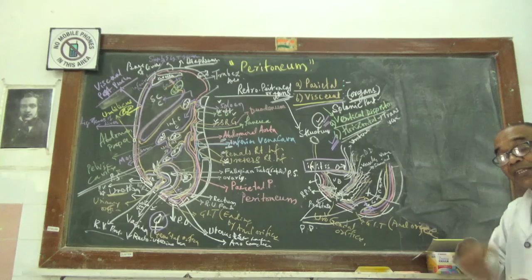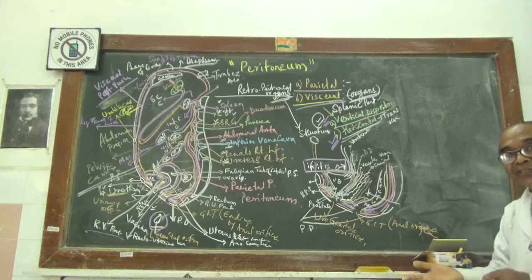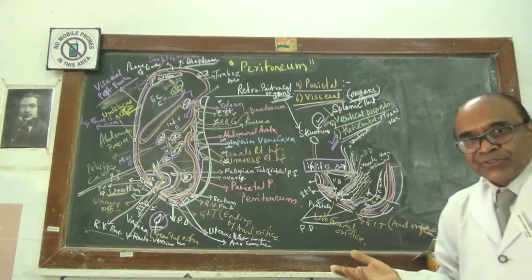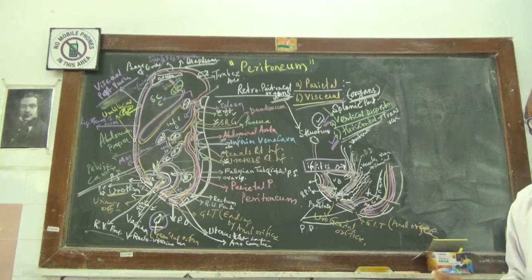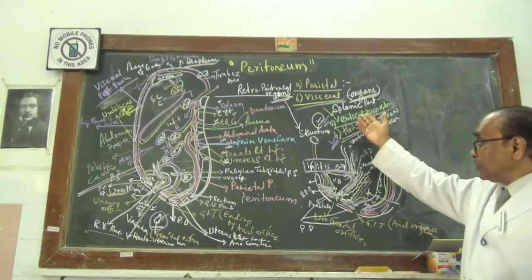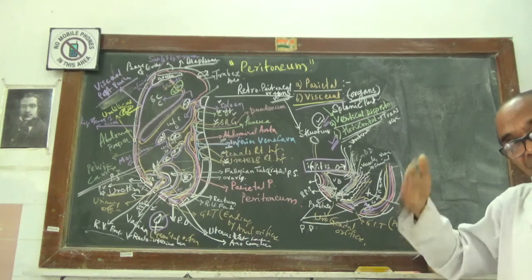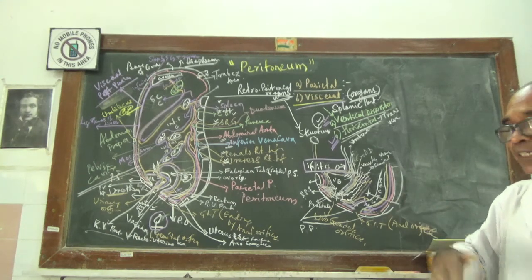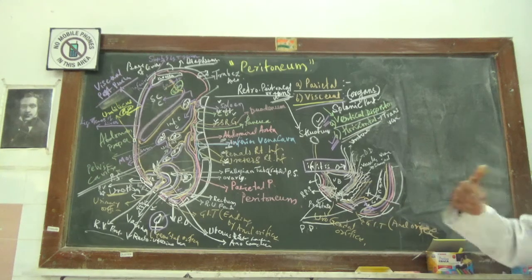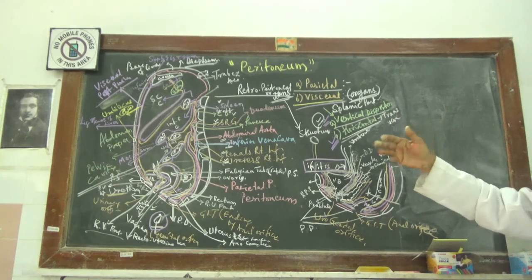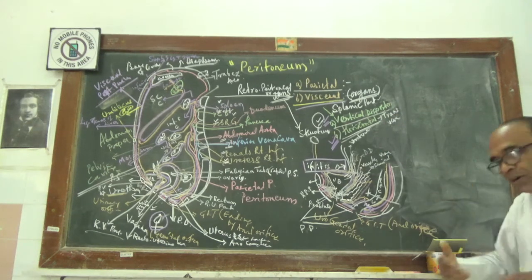But if there is an inflammatory process or disease for an organ or any viscera, it will first tap the visceral part of the peritoneum, either the vertical or the horizontal, which covers those affected organs, and then it goes to the parietal part by increasing the peritoneal fluid, thereby or simultaneously.